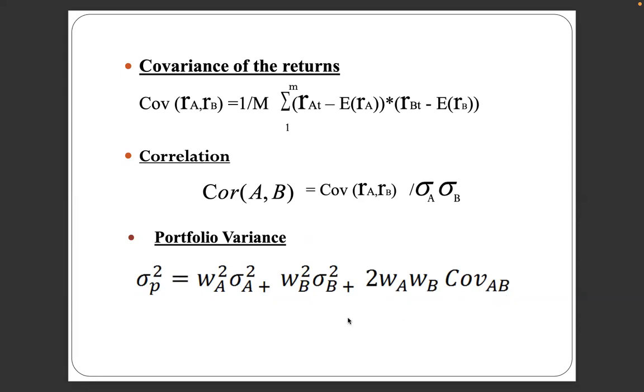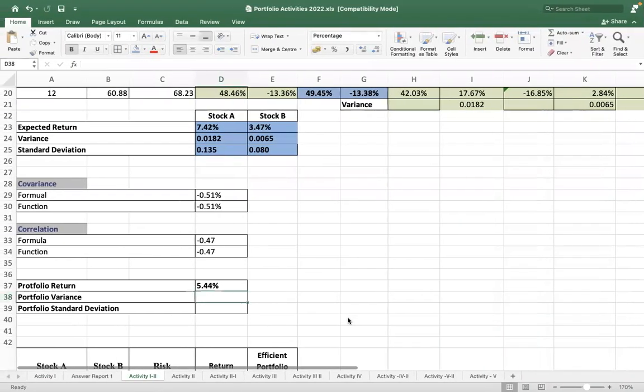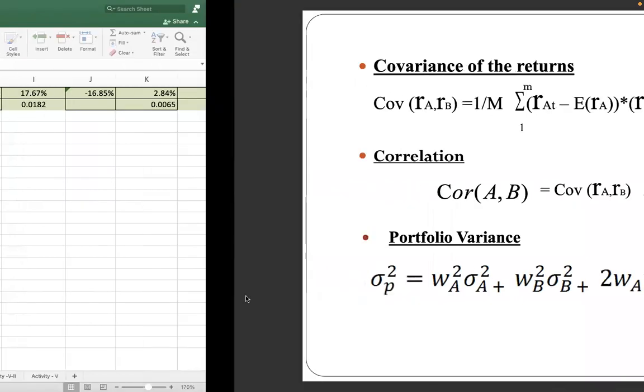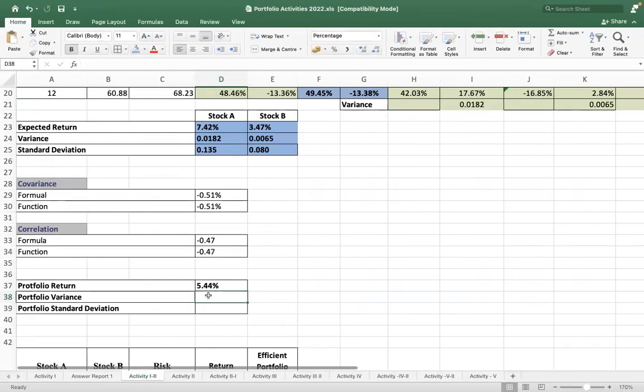Let's apply this formula. There is no Excel function applicable to portfolio variance. We have to use this manual formula, right? So there is no Excel function. Let's apply it.